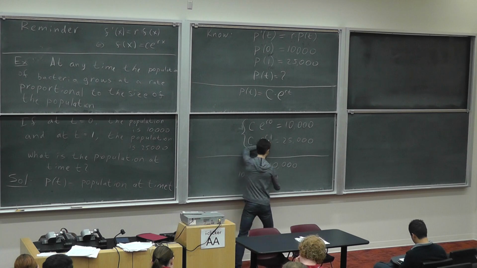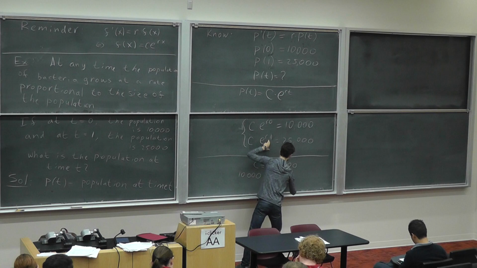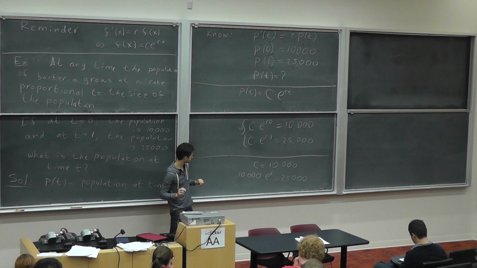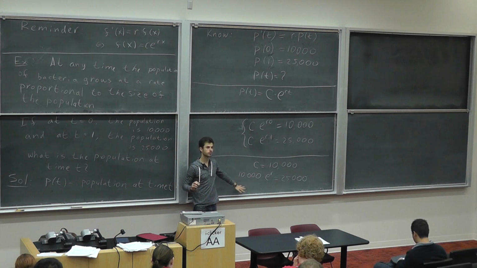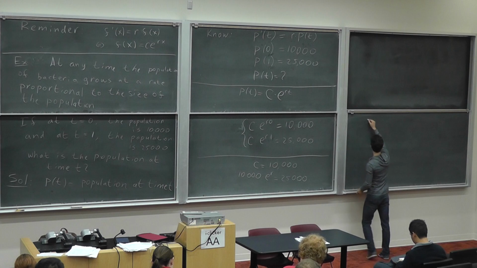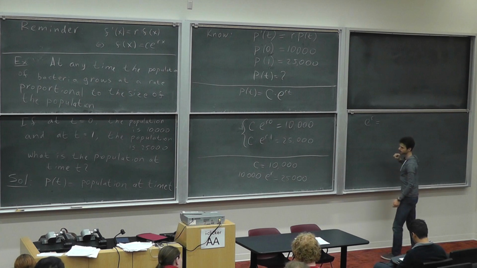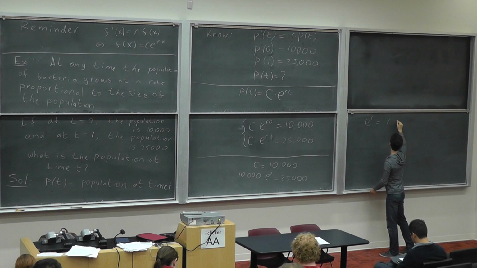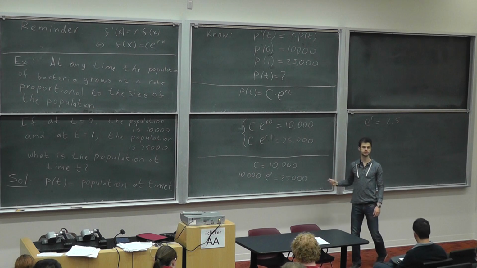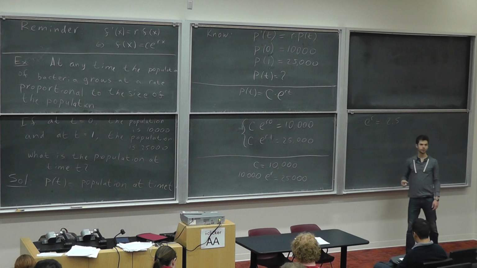In the second line, c is 10,000, e to the power r times 1 is e to the power r, and the result is 25,000. So e to the power r is 2.5, which is 25,000 divided by 10,000. What is r?